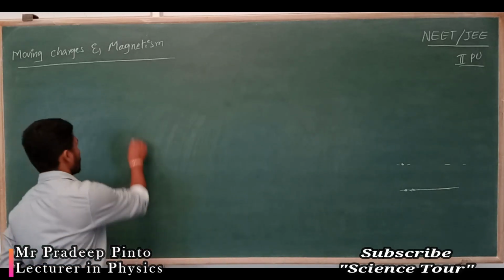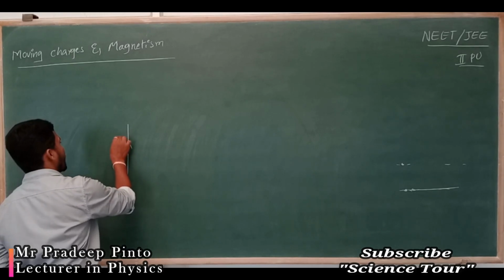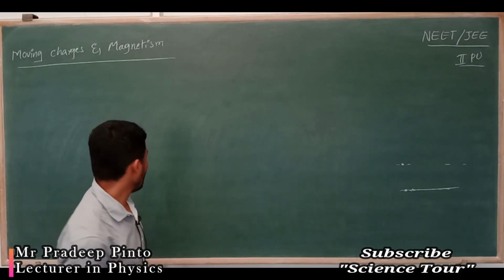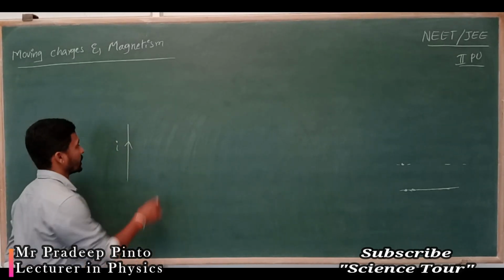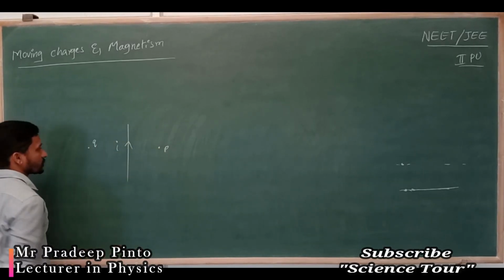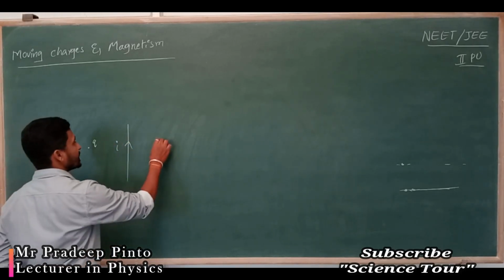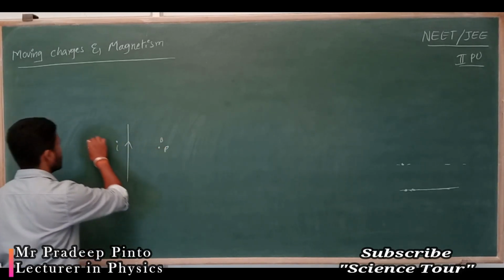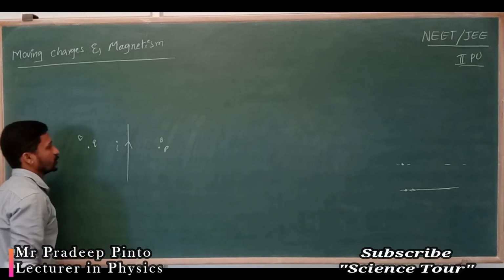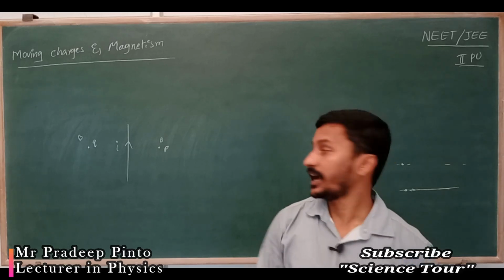Suppose a wire is there, and a current is flowing in this direction. Now I will ask you a question: at a point P and a point Q, because of the current in this wire, you will get some magnetic field at P and at Q. What is the direction of the magnetic field at P?